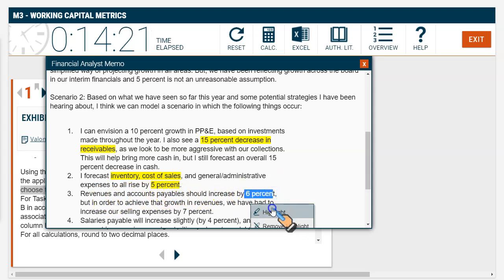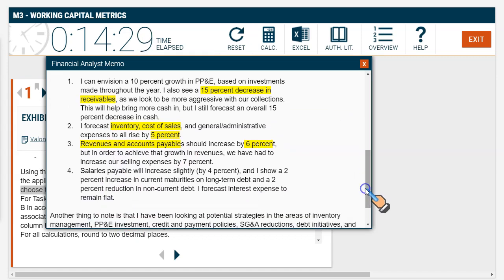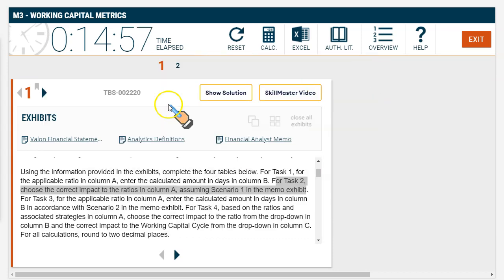That's relevant. Salaries payable, I'm not interested. I'm only interested in accounts payable, account receivables, inventory, sales, and cost of goods sold. Nothing else I need. So you need to jot this information down on your paper so that we can use it for our computation, given in the income statement and balance sheet right here.